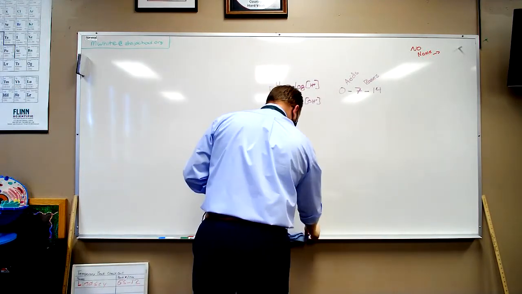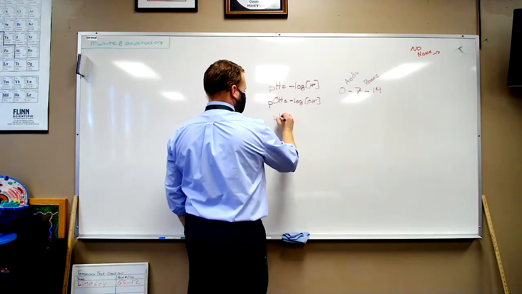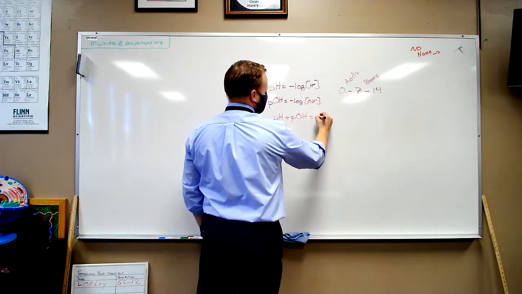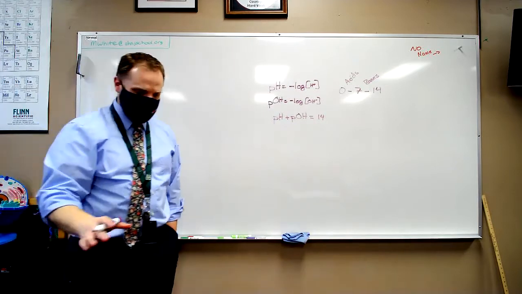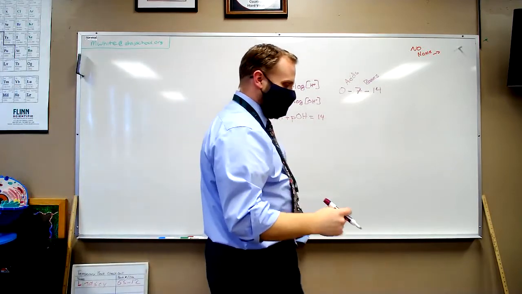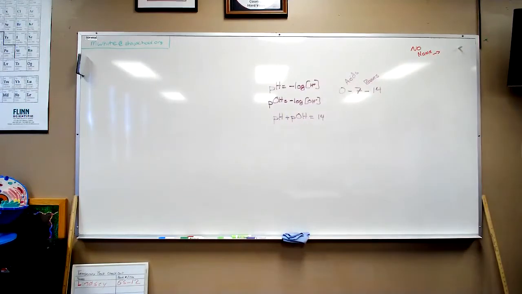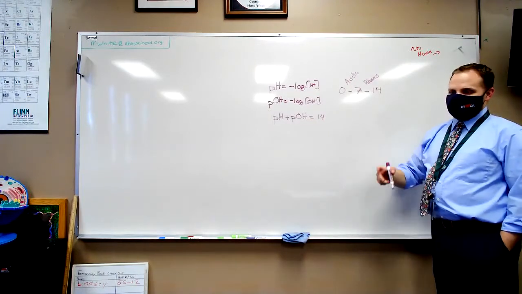Another key piece of information that we'll use, pH plus pOH equals 14, always. So if you have something that has a pH of 2, it's an acid, the pOH of that solution will be 12.